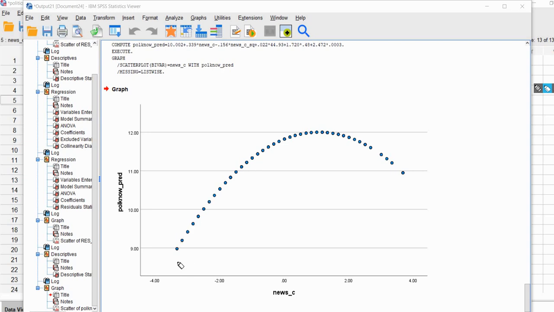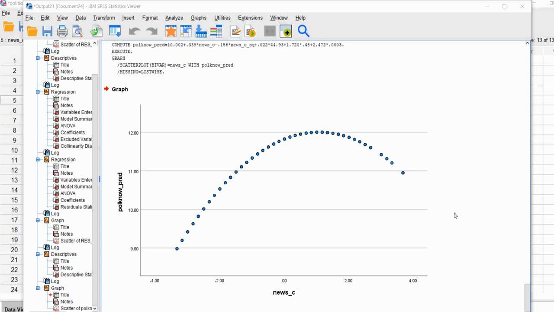As we move from lower values on news consumption to higher values, you can see the slope becoming less positive. The slope at lower values on news consumption is much more positive. As we move towards more intermediate values, the slope starts to level off, and as we move towards higher values, we see that the slopes are becoming increasingly negative.